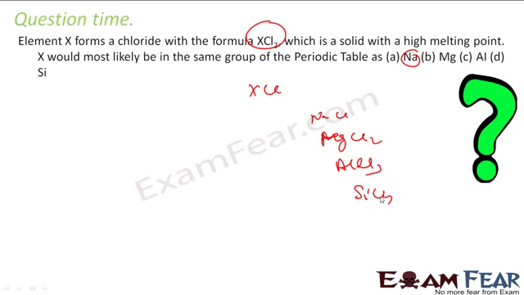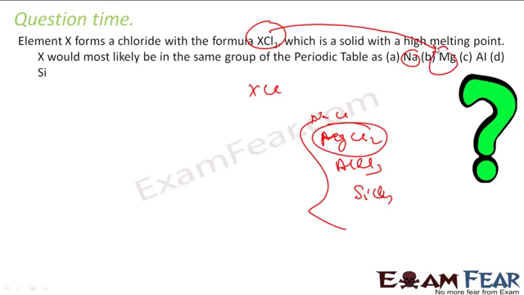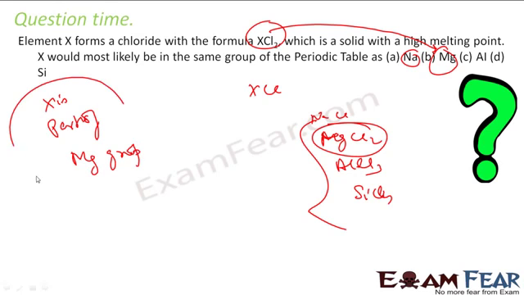And Si forms SiCl4. With this, I can say that MgCl2 is almost similar to XCl2. So I can say that X is part of the same group as Mg. Sounds good? I've got XCl2 and MgCl2, and both the chloride formulas match.